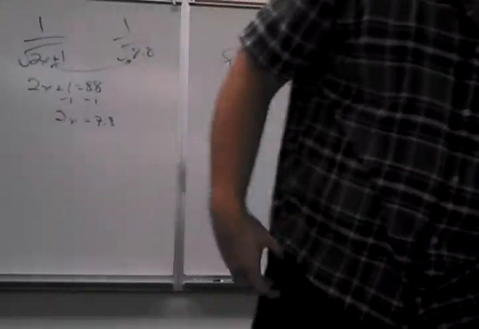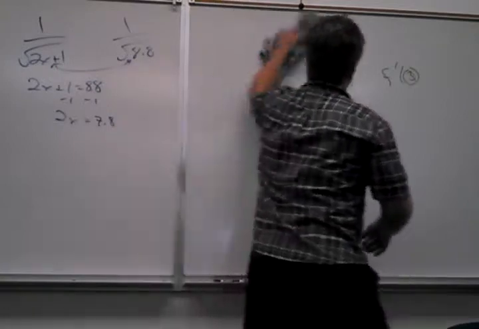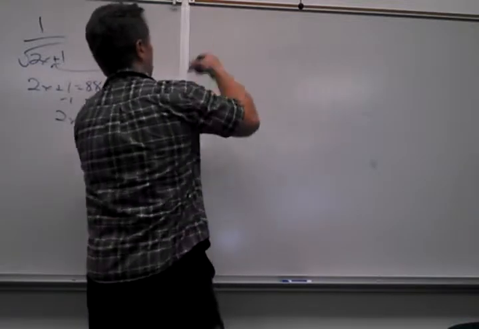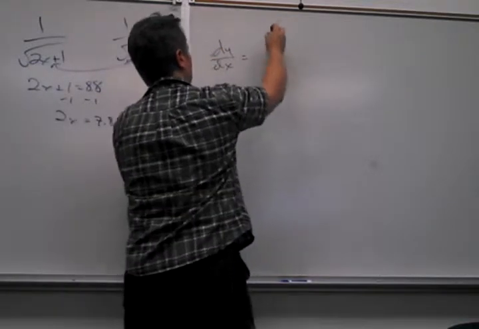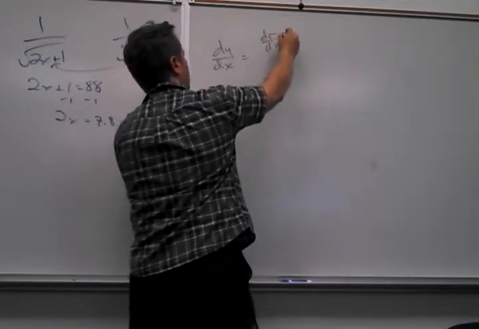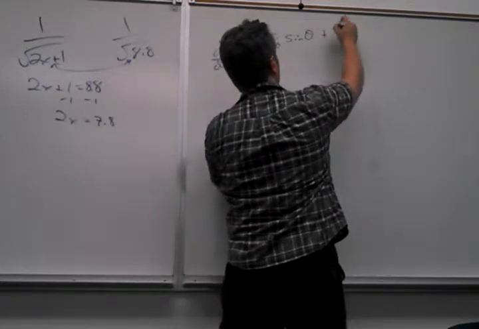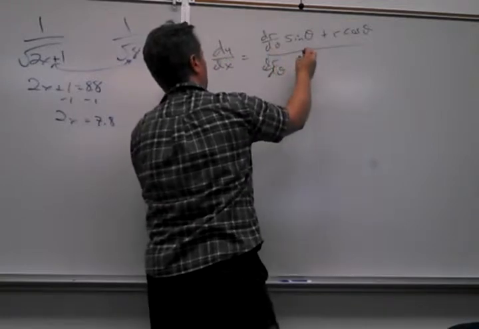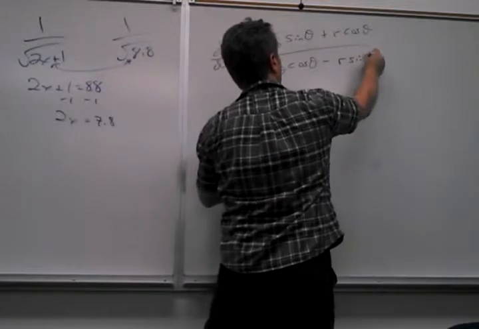Okay, so this is the one I was talking about. I would give you the formula for the dy dx in terms of polar. So it's dr d theta. Let's see if I remember it. I think that's it.